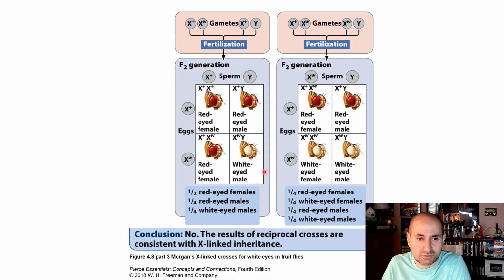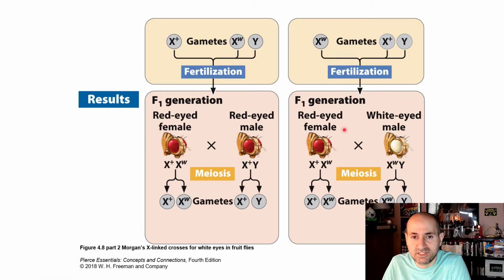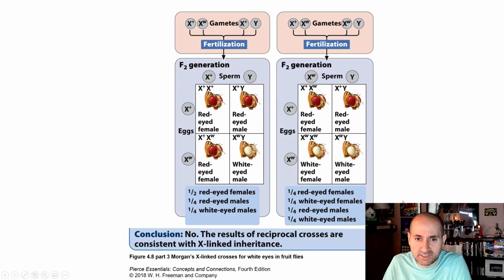3-to-1 phenotype ratio. But when you look at the converse cross, where this female was X plus XW, the eggs she could produce are either X plus or XW. The male could produce XW or Y. When you plot this out, you would see again half of the flies have red eyes, half have white.